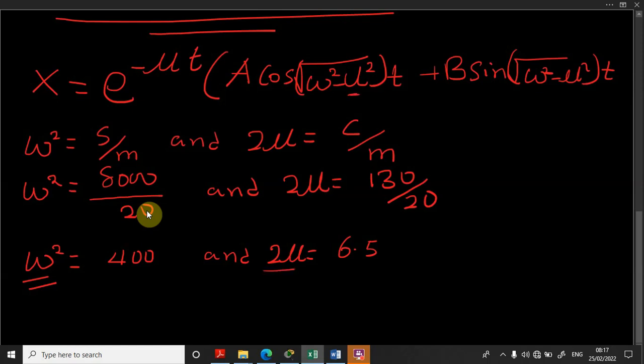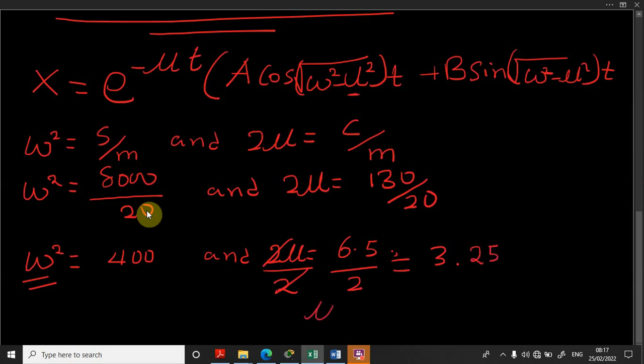So you have to divide through by 2 to get 3.25 as the mu.